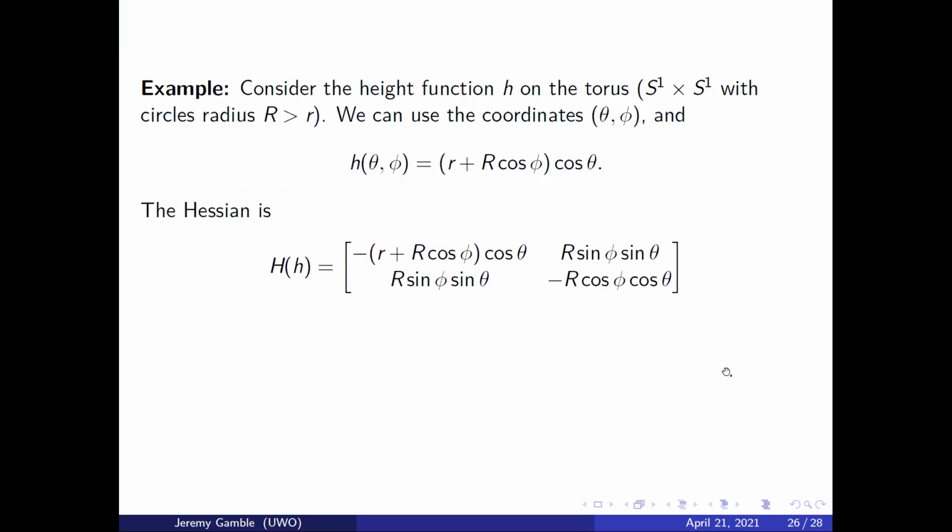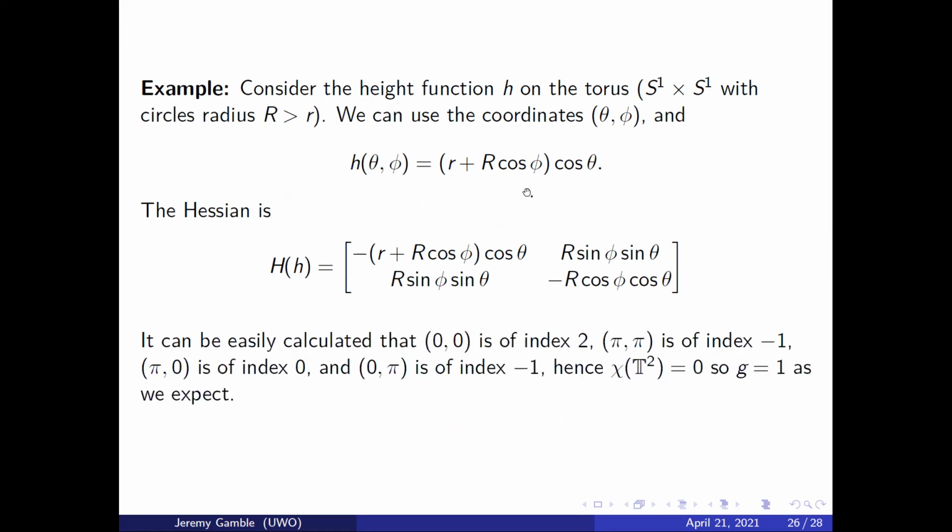As a quick example, we can go back to the height function on the torus. You can parameterize it this way, where r is the radius of the smaller circle and big R is the radius of the bigger circle. Then in coordinates, you can write it down like this, and you can compute the Hessian. It's pretty quick and easy to check that you get one critical point of index 2, 2 of index 1, and 1 of index 0.